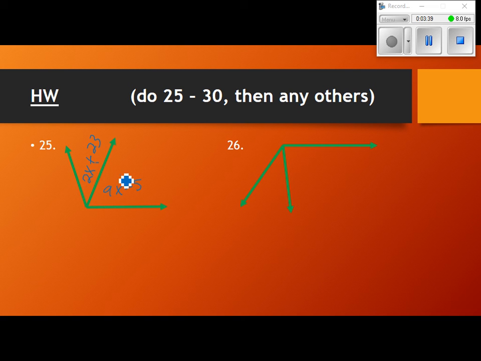They told us that the measure of angle ABC was 95, so this whole angle is 95 degrees. To set up an equation, this angle plus this angle should equal the whole thing. So 2x plus 23 plus 9x minus 5 should equal 95.